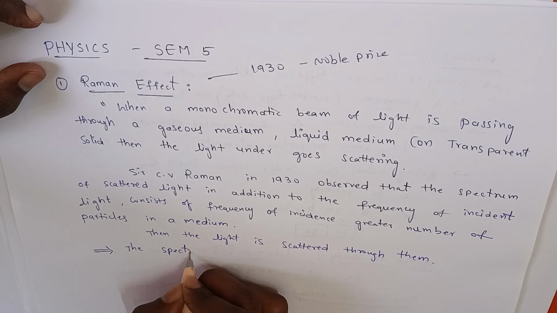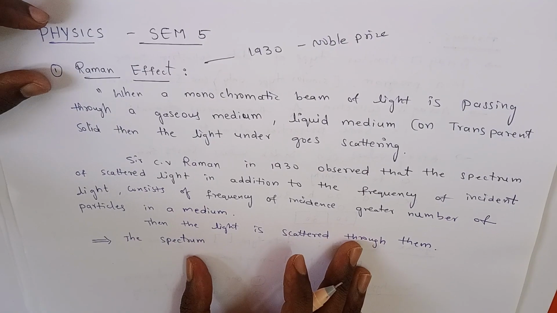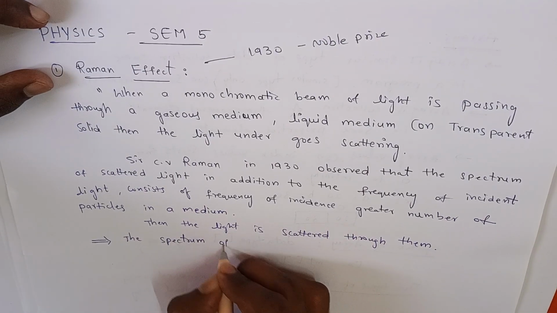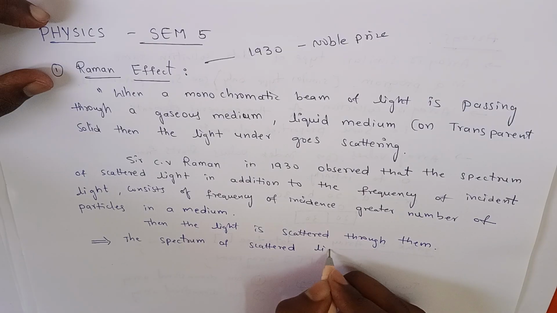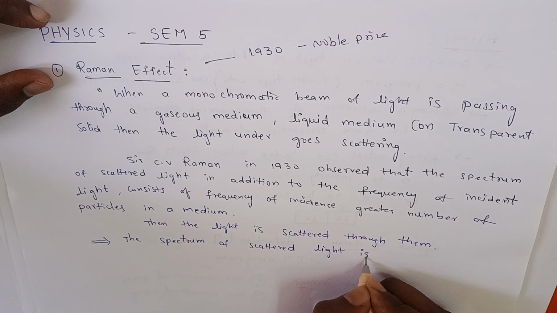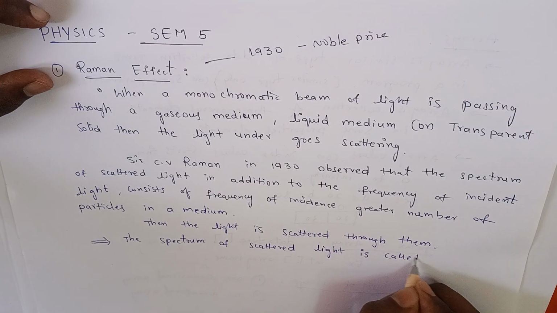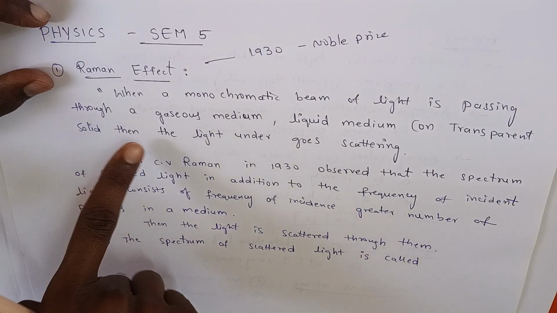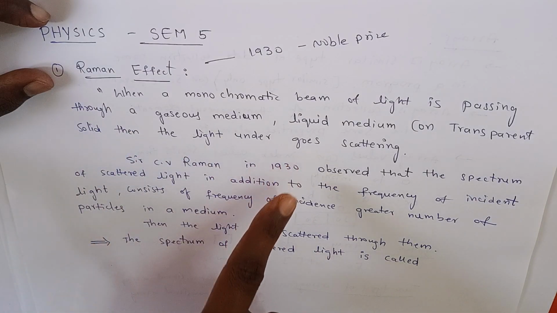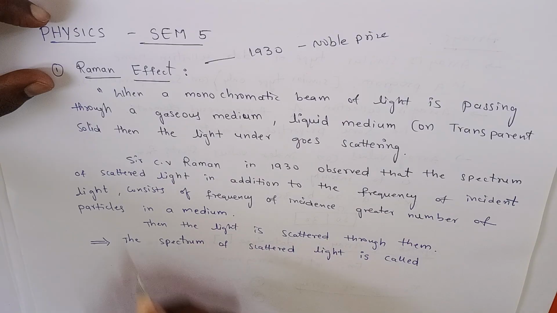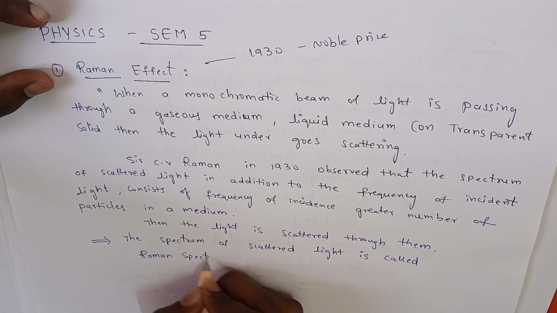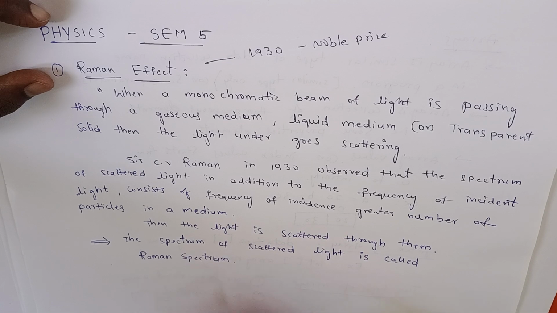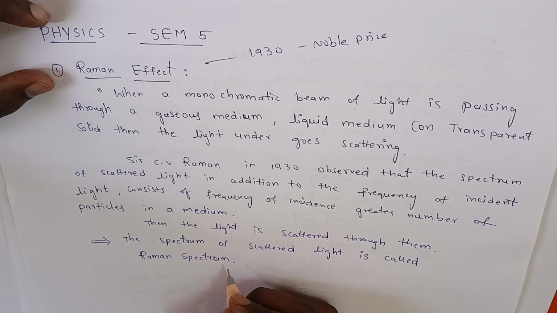The spectrum of scattered light is known as the Raman spectrum.